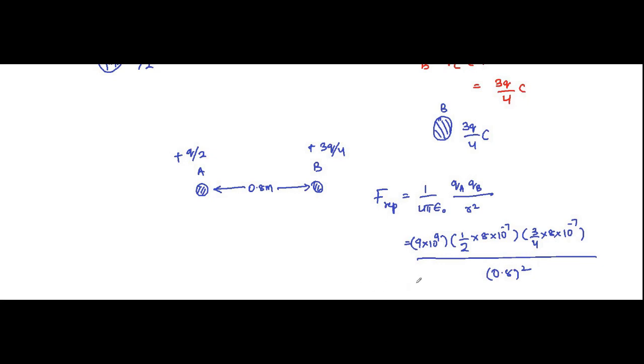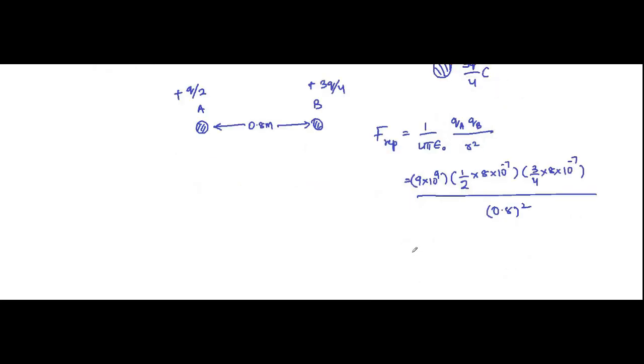So the result, if we calculate it using a calculator for quick calculation, is coming around 3.375 into 10 to the power minus 3 Newton. That is the force of repulsion.